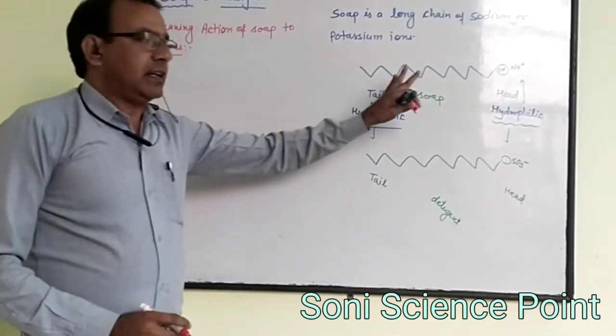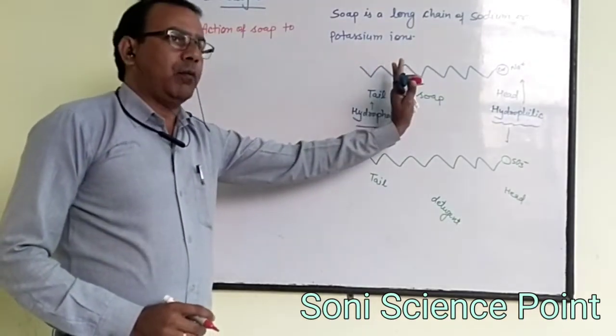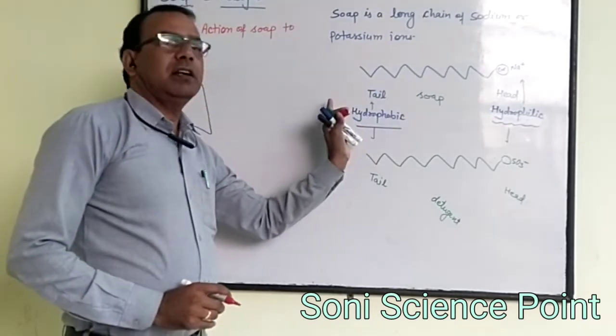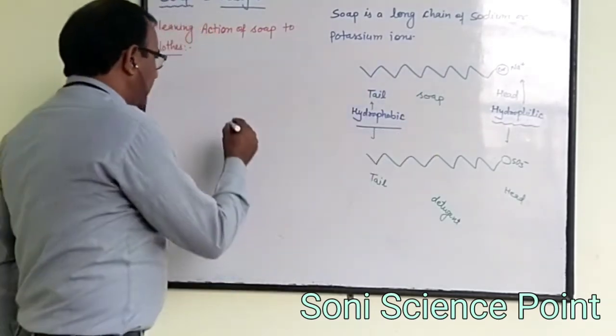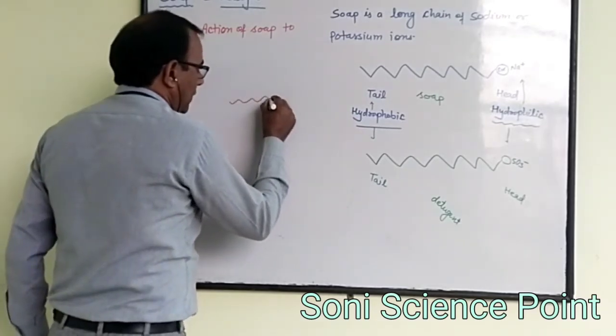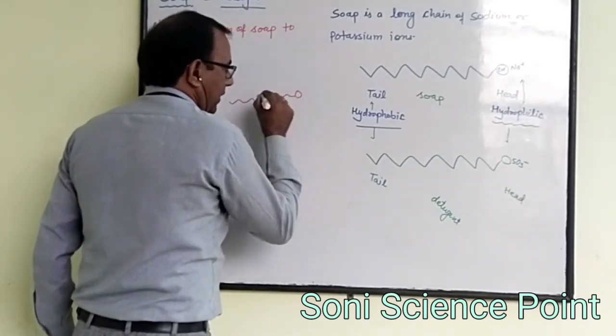As we have discussed, a soap has two ends. One is the head and the other is the tail. The head is hydrophilic, that remains outside or on the upper side of the water.